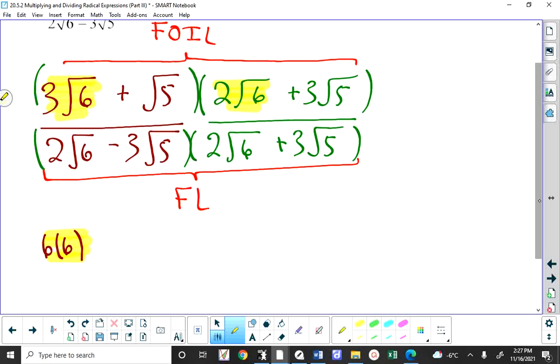I multiply the radicands, so I get root 6 times root 6, which is root 36, and root 36 is 6. Continuing on, my outer will be 3 root 6 times 3 root 5, which is 9 root 30. My inner is root 5 times 2 root 6, which is 2 root 30.